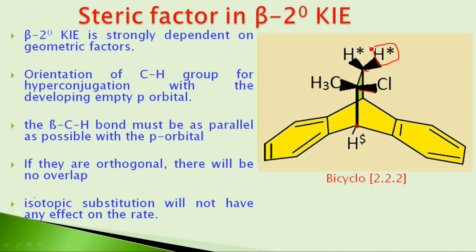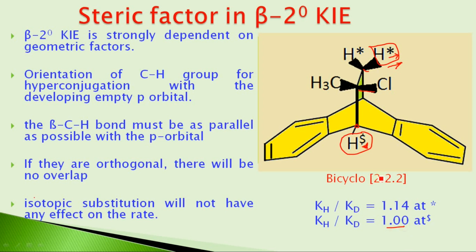So beta secondary KIE can be studied by placing an isotope here, at the asterisk position, or by placing an isotope on this beta carbon, which is represented by this dollar sign. In actual study, the value of beta secondary KIE when the heavier isotope was placed at the asterisk position came out to be 1.14, and here the value was 1.